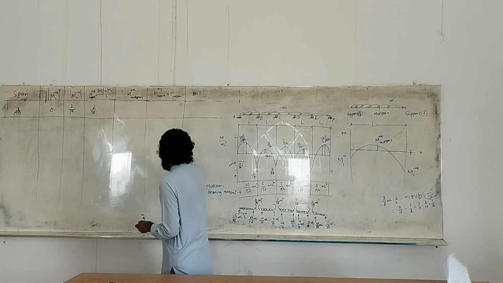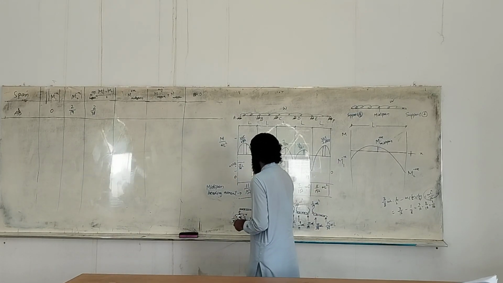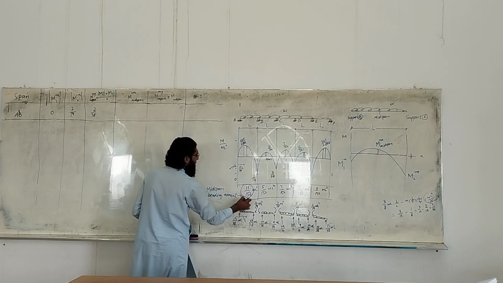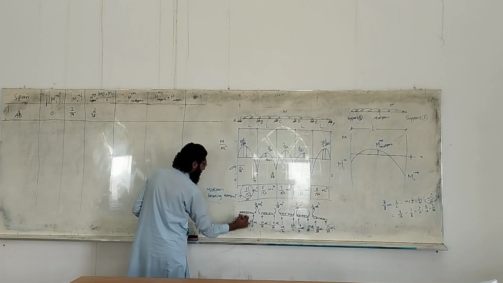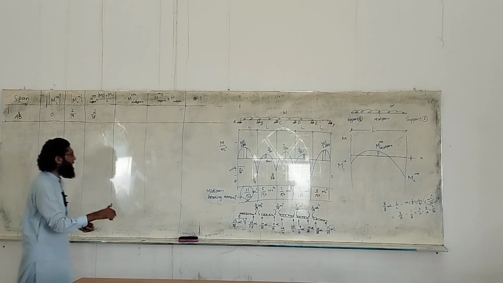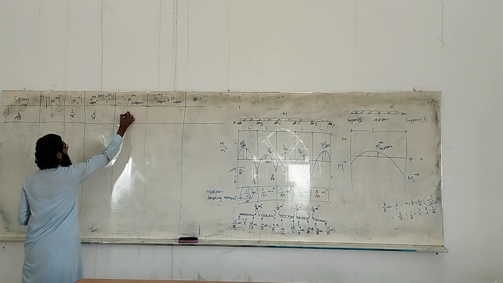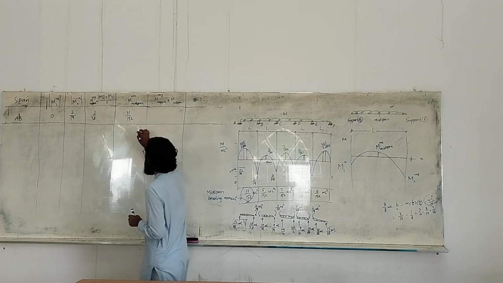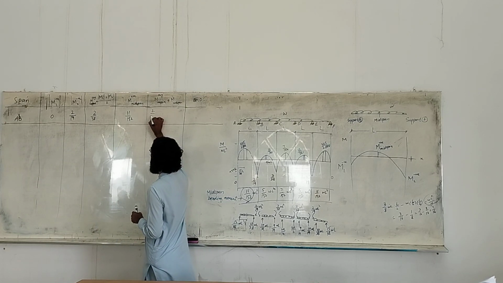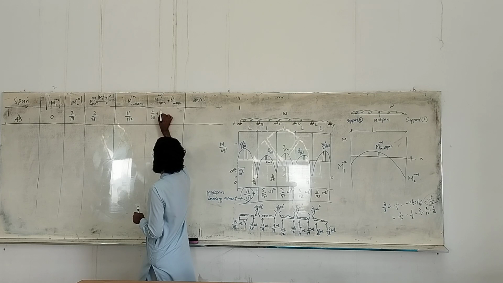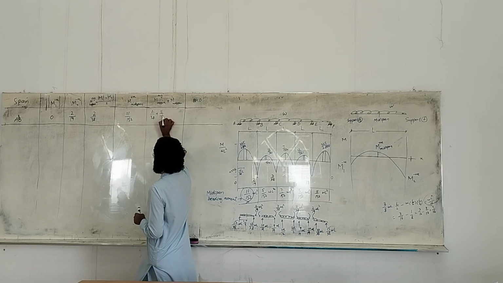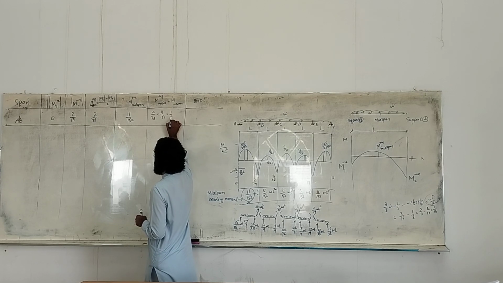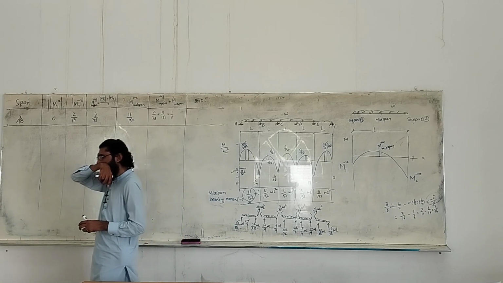Okay, and what is the mid-span moment? The moment at the mid of this span is 11 by 152. Okay. Now the sum of these two, if you just do the math, 2 by 38 plus 11 by 152, what's the answer? 1 by 8. WL square by 8, it has come out.